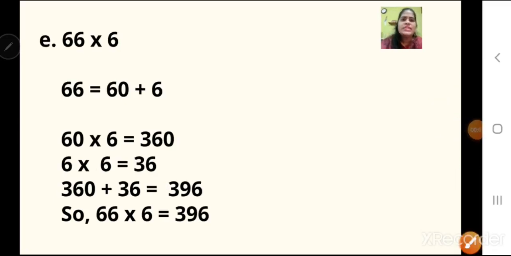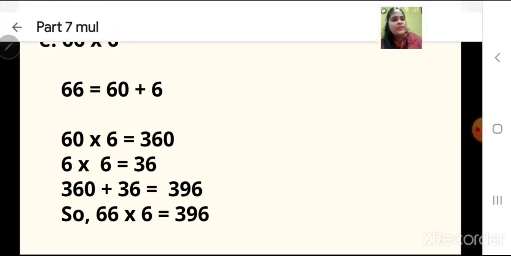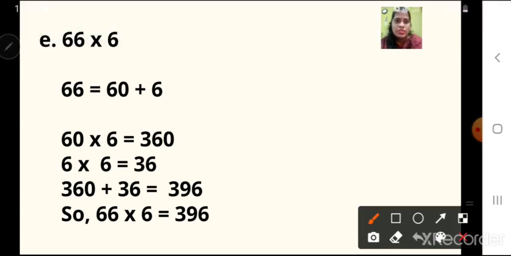Children, next one is E, 66 multiplied by 6. Okay, this one I have already done for you. You can just go through it. First we are going to expand the number 66. Okay, 66 is equal to 60 plus 6. This is step 1. Next step we have to multiply 60 and 6 with the multiplier, which is number 6.